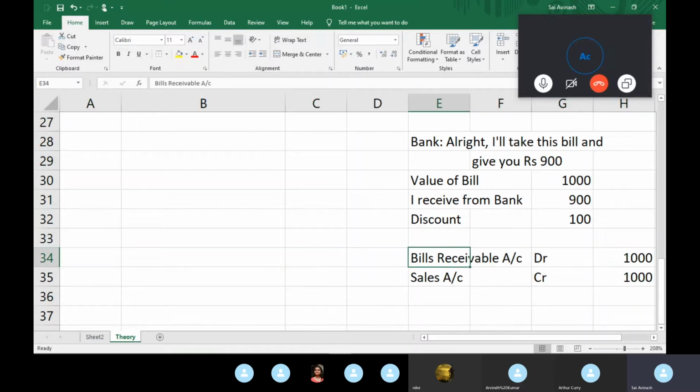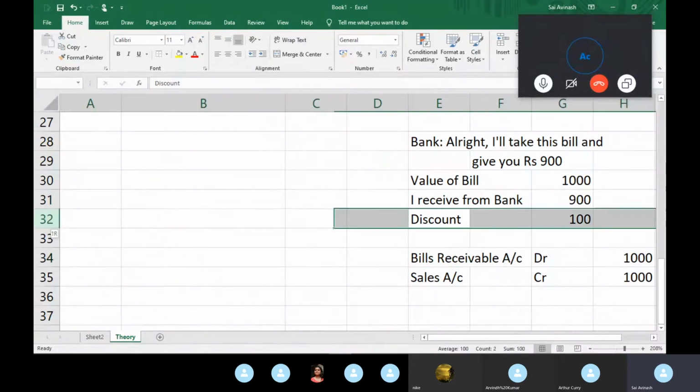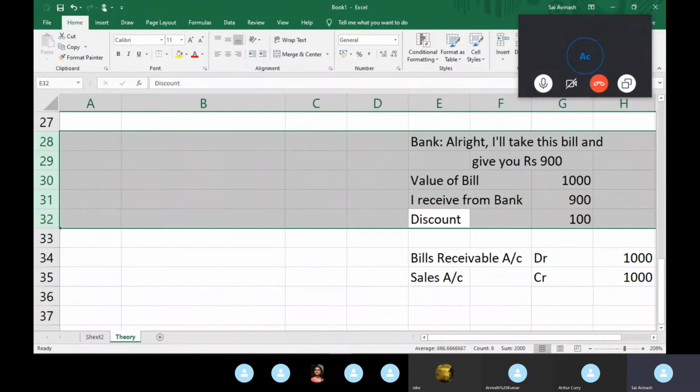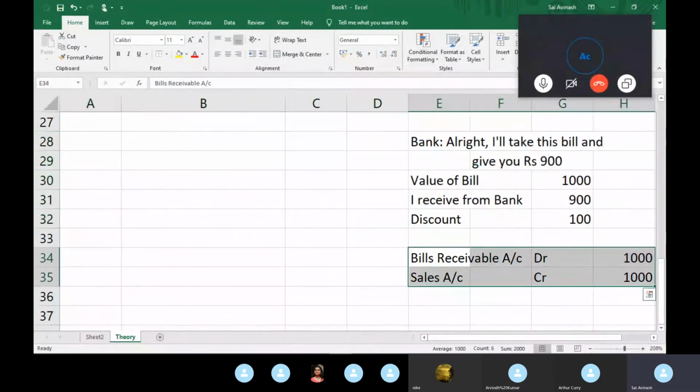So instead of debiting the customer account, he's debiting an account called bills receivable. Not all customers need to give a bill. They may very well just pay you the money after a point. But sometimes you may insist on a bill precisely for these sorts of purposes, so that you can discount it with the bank today. So this is the first transaction.